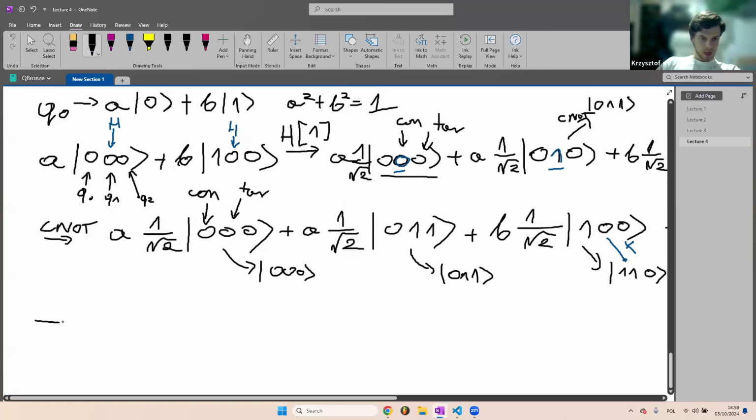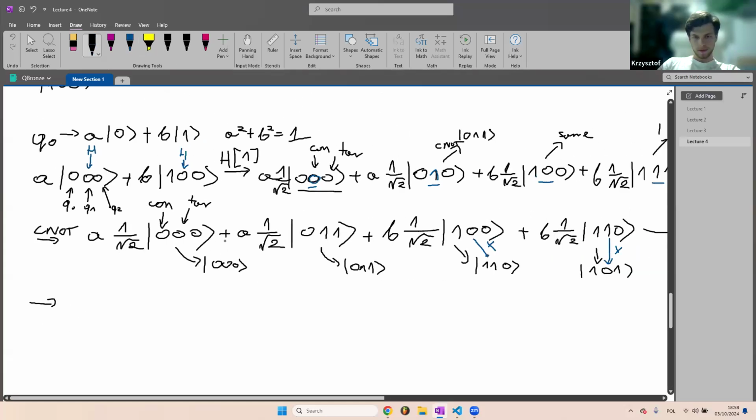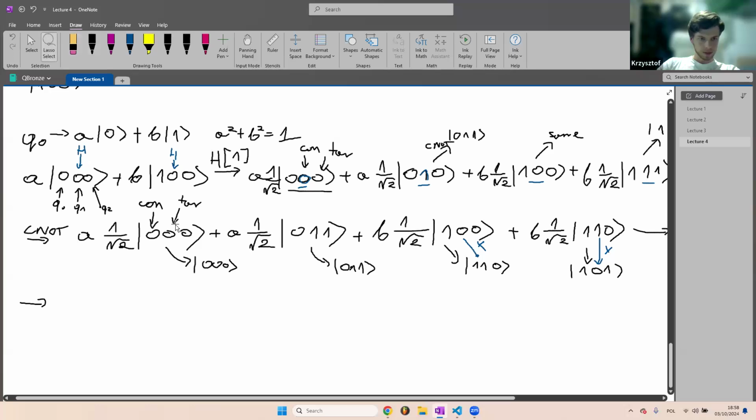So after the transformation, we are left with, maybe I'll try to copy this because it may be faster, rather than rewriting all the expression.